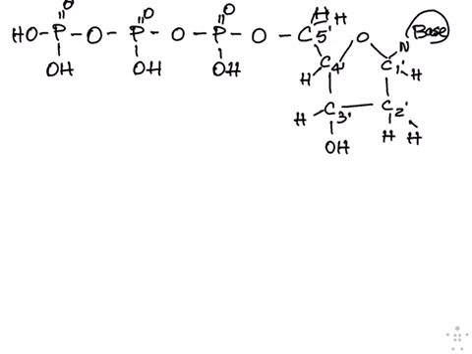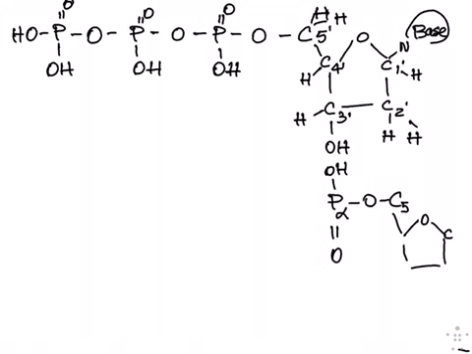Okay. So I just showed you a minute ago. This is the alpha phosphorus atom with an OH here, a double bond down here. And this one is esterified to the C5, which is connected to the ribose of the nucleotide below, C1 prime, C2 prime, C3, C4 prime.